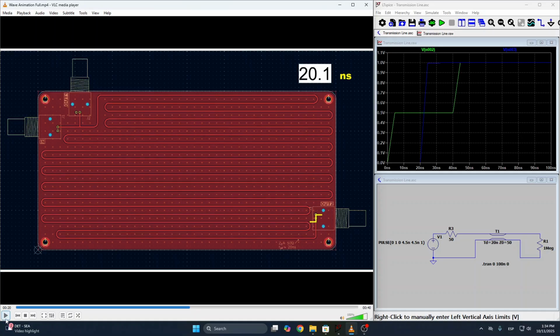So let me hit play to observe the reflection being propagated back to the source.